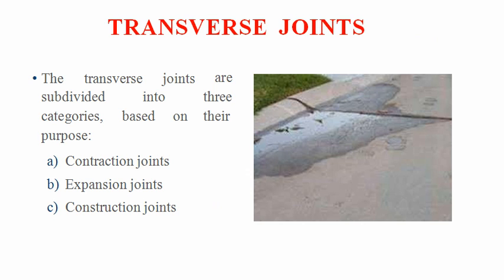Next is the transverse joint. The transverse joints are again subdivided into three categories based on their purpose. The first is the contraction joint, second is the expansion joint, and third is the construction joint.